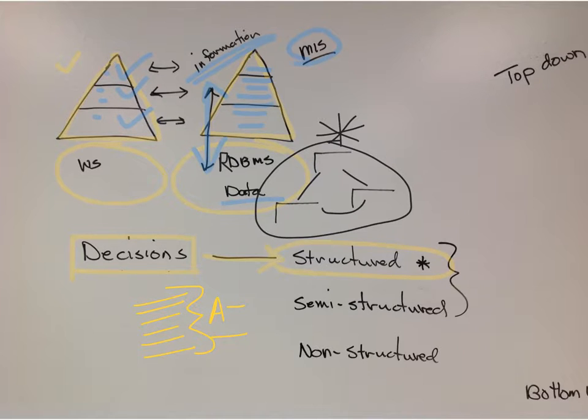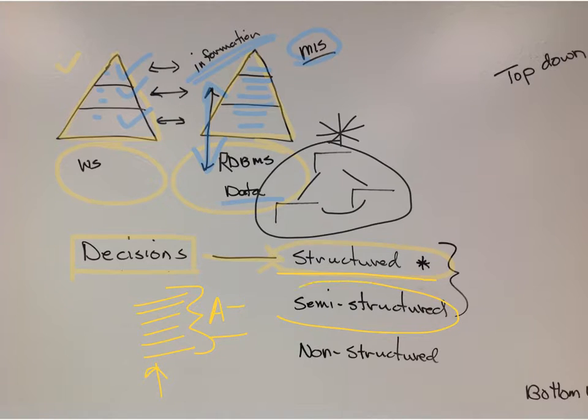That's a structured decision. I do not have to go in and figure that out by hand. Technology can do that. There is no human rationale or reasoning with that, if you have certain cutoffs for grades.